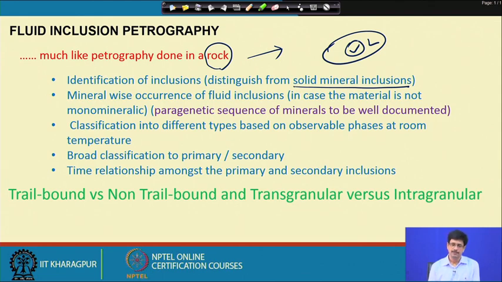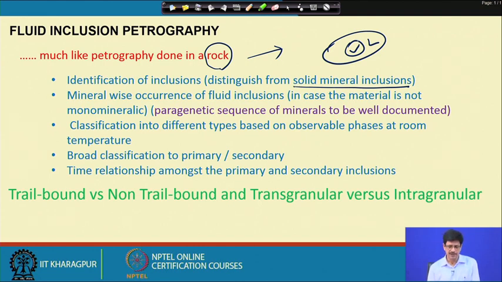Then, by the time we finish studying the fluid inclusion section, it is expected that we should have identified all the types of inclusions occurring in that particular sample, that particular wafer.